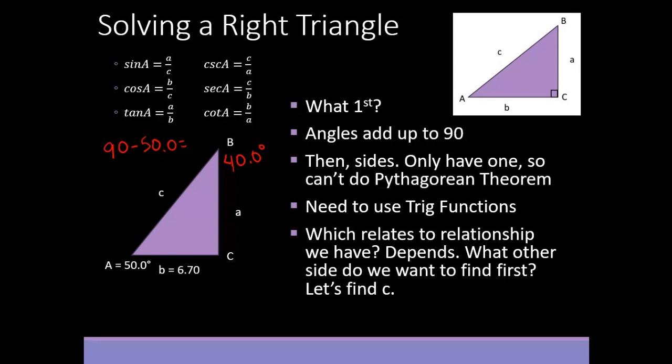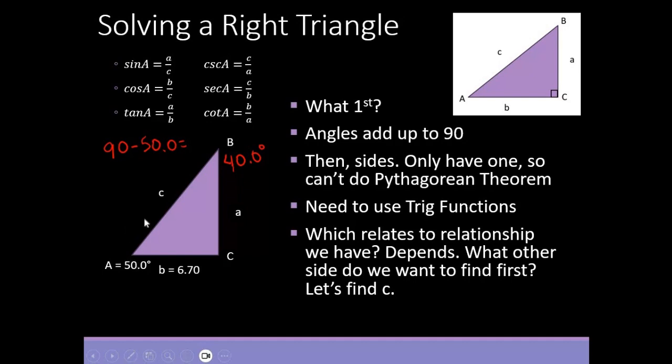Well, it depends. What other side do we want to find first? Let's find C first. If we want to find C, we have to think about which trig function works with the relationship.